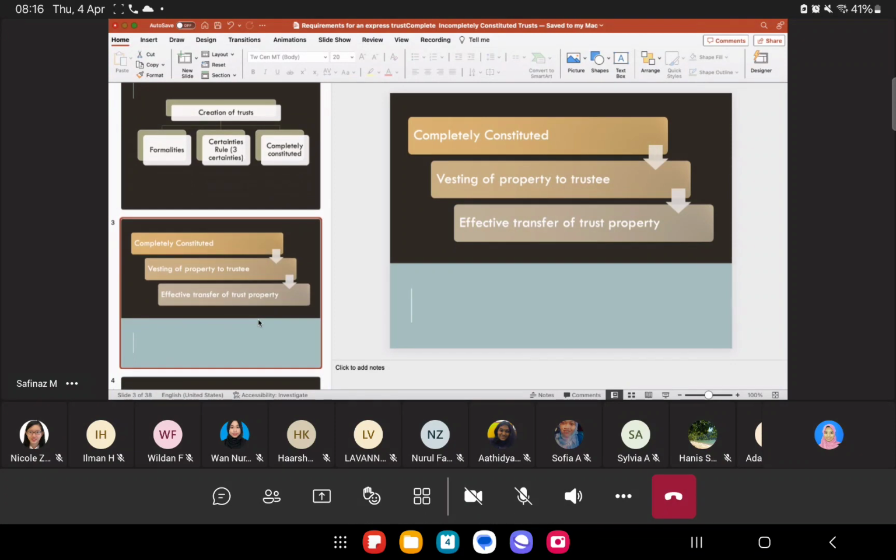By vesting of trust property in the trustee. What does vesting of property in the trustee mean? It means effective transfer of trust property to the trustee. Because when we look back at the process of a trust, the settlor transfers trust property to the trustee, and the trustee holds it for the benefit of the beneficiary. So once the vesting of property is done and there is an effective transfer of trust property, that means the trust is completely constituted.